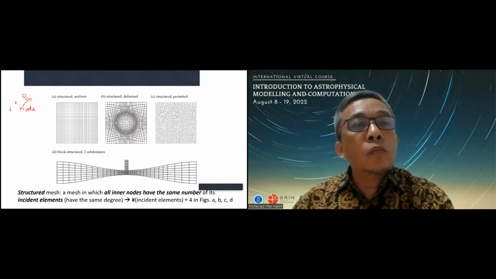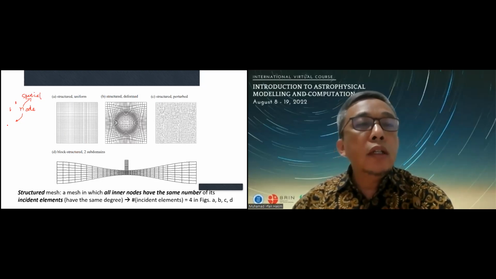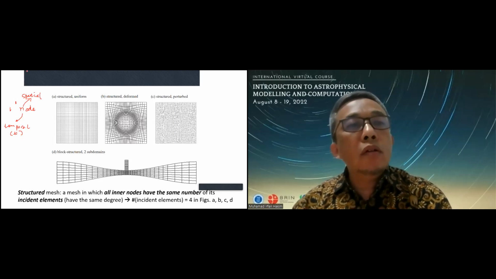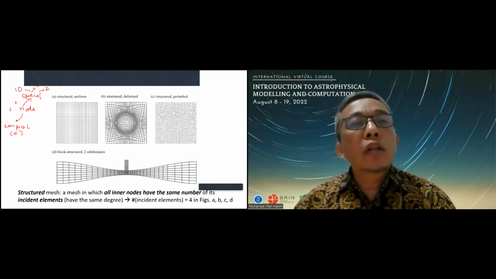Node for a spatial node. There is also a temporal node relating to time or spatial, 1 dimension, 2 dimension, or 3D. Sorry.